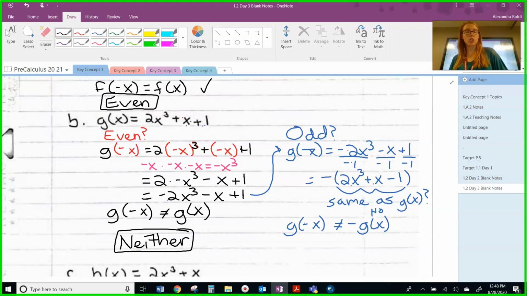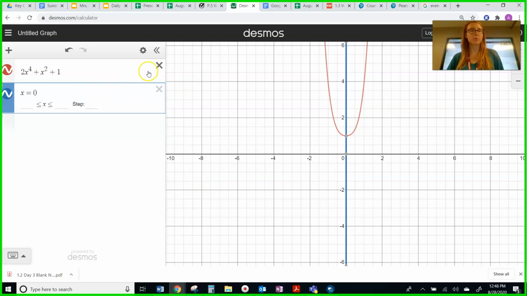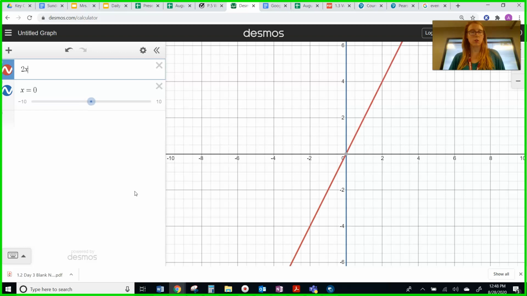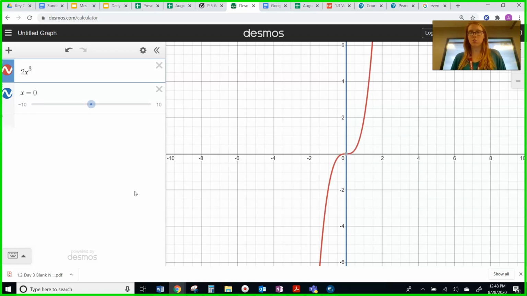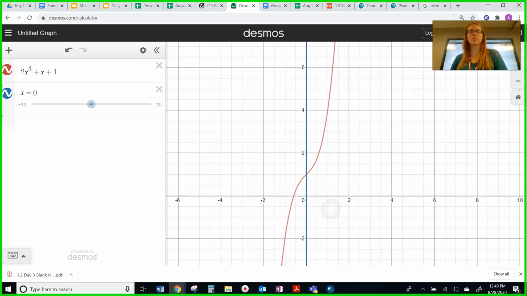And again, we can check that with, it was 2x to the third plus x plus 1. Right, and this one's a little, it's not just flipping over this line.